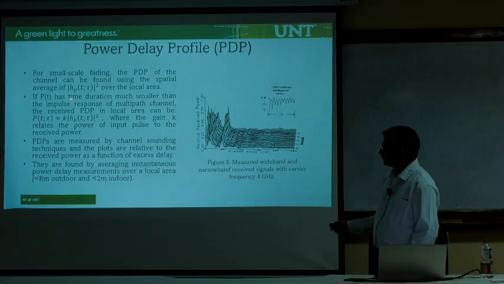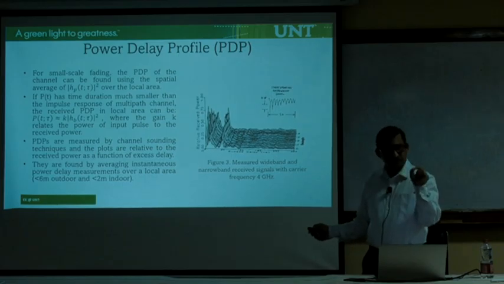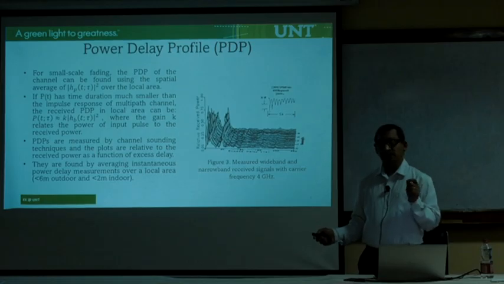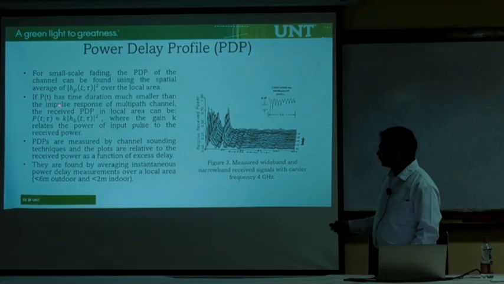If p(t) is the transmitted signal with a time duration much smaller than the impulse response. Actually, think of p(t) like a pulse. So if you have a small pulse, that's how you transmit anyway. Remember, when you're transmitting, you're not just sending, you're holding the signal for a while. So here p(t) actually refers to the pulse.